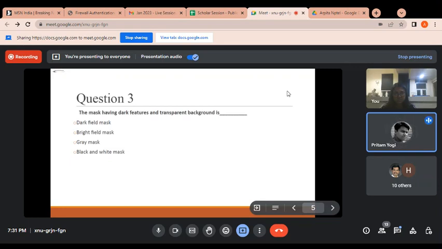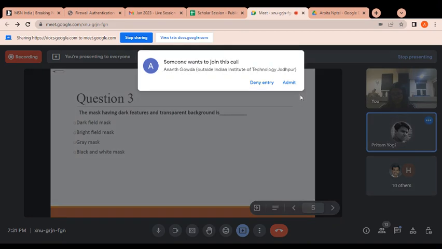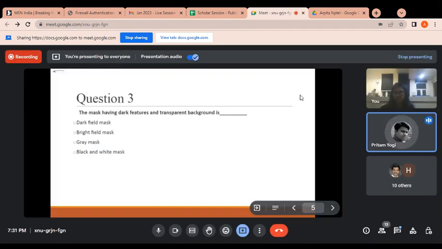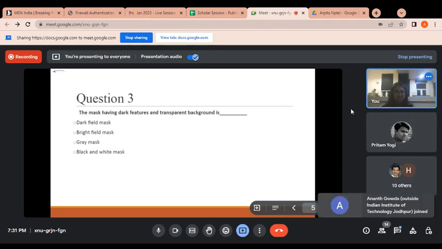In the dark field, only the structure, the square one, is transparent. Okay. So what is the right answer here? Bright field mask. Okay, good.